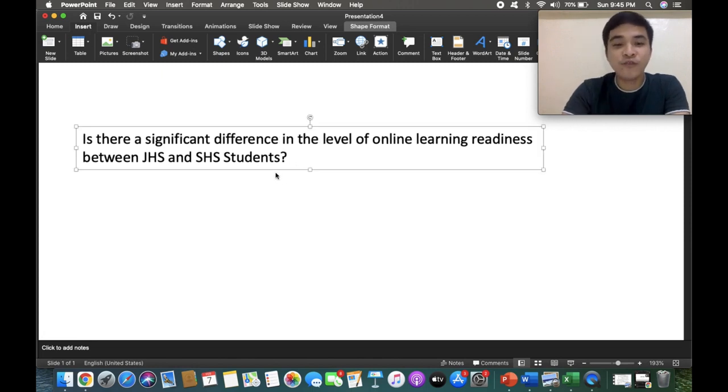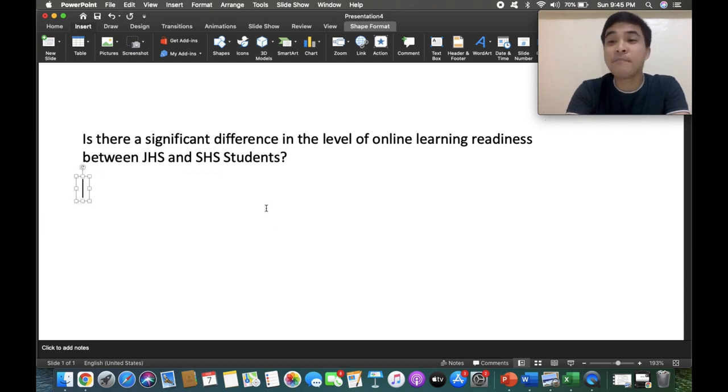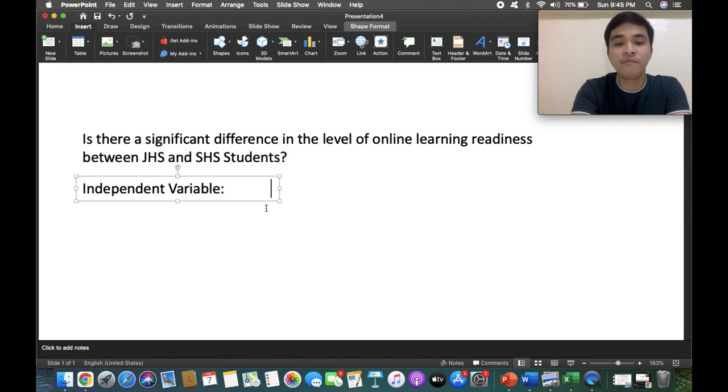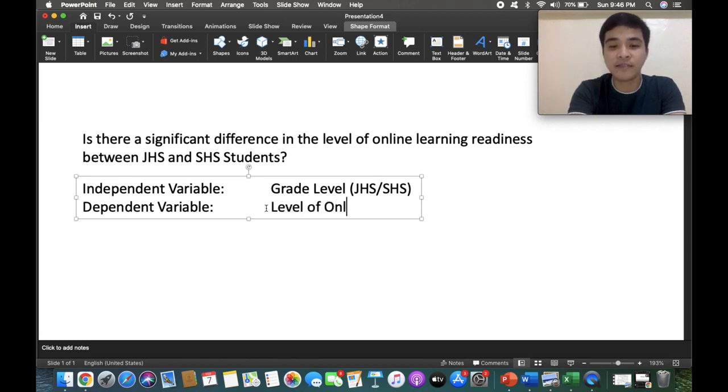Again, you need to identify what will be your independent variable and what will be your dependent variable. In this case, our independent variable will be the grade level, which is categorized according to junior high school and senior high school. Of course, we also need to check our dependent variable, which here will be the level of online learning readiness.